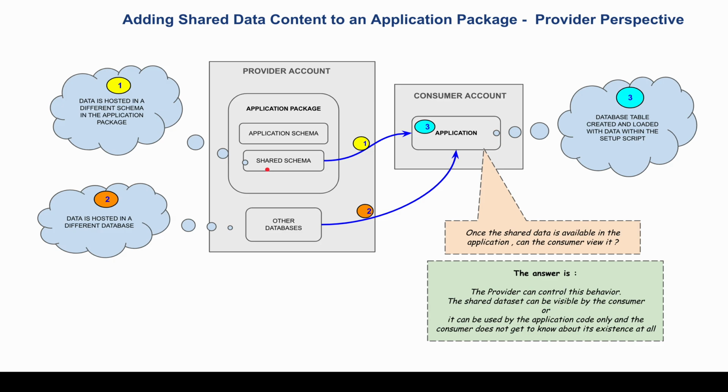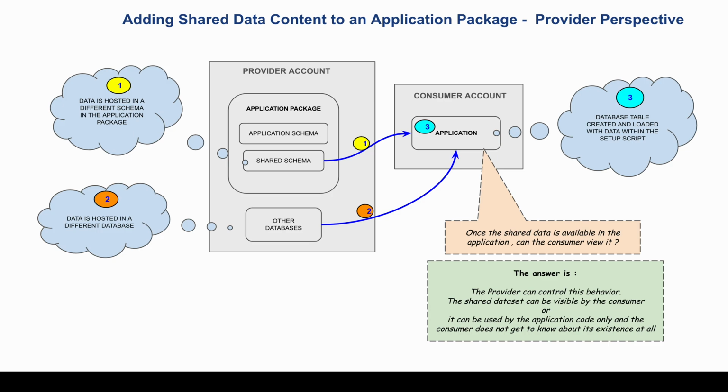Let's look at the third way. The third way is a very simple way. The data is not there in the provider account itself. The object creation and the data loading is all a part of your setup script. So the moment you install your application, the setup script installs the data on the application. It creates the database object on the application schema, and then it loads the data within the application in that particular object of the application schema.